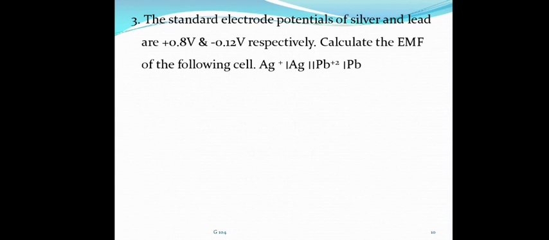Let us go for the third problem. Here also the standard electrode potentials of silver and lead are given. Silver is 0.8 volts and lead is minus 0.12 volts. Among these two, which one has the higher electrode potential? Silver has the higher one, it is positive, whereas lead is negative. They have given the cell notation as Ag+/Ag//Pb2+/Pb. Actually it should be in reverse.